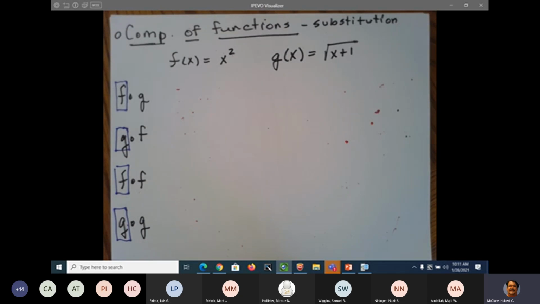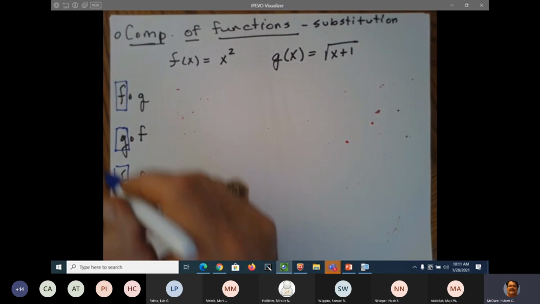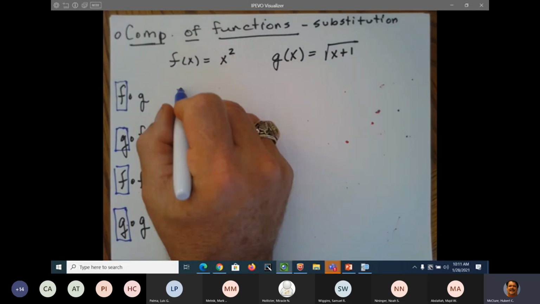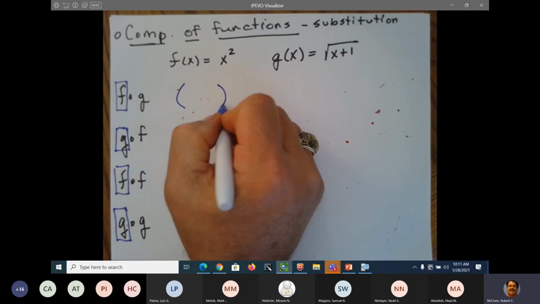That means that wherever there's an f or a g, here an f, I'm going to draw a big set of parentheses. So f with a big set of parentheses. g right here will be the square root of x plus 1. This is squared, and this is the square root of x plus 1.